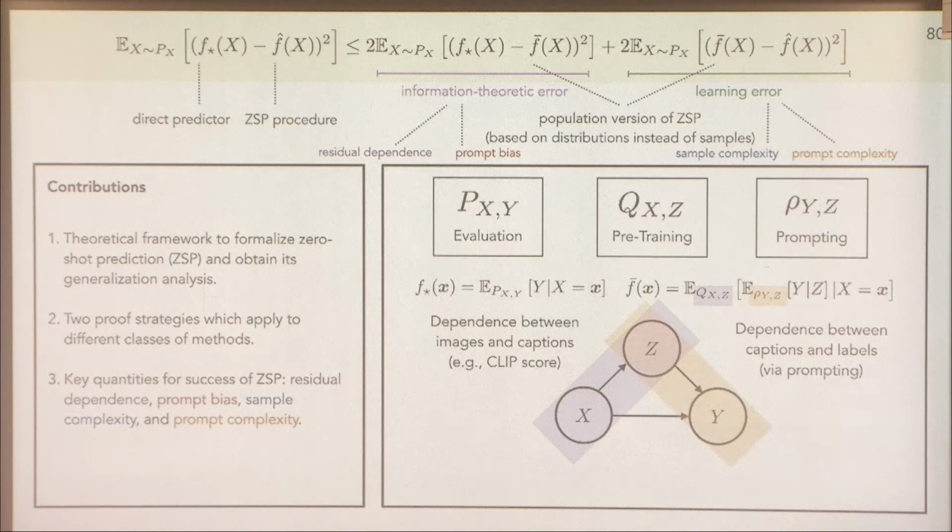The ZSP procedure is the estimate you have just from samples from the pre-training stage and just those prompts at the evaluation stage. And you see there's an incompressible error that derives from taking this indirect path to prediction, plus another error that is a learning error. And we've seen before that it has a rate that decomposes into terms that correspond to the two stages.